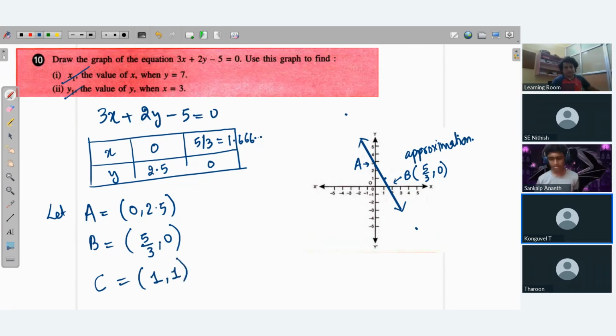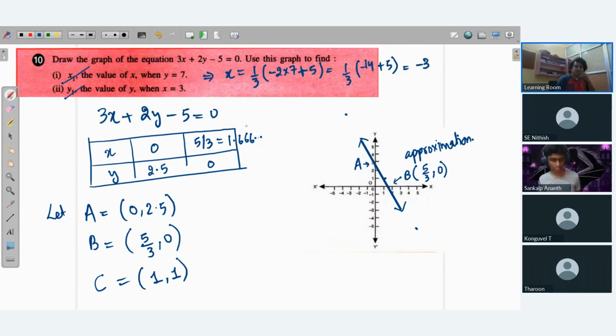So the answer for the first one is minus 3, sir. Yeah, so let's see. Now when y is equal to 7, the second one is minus 2, sir. It's minus 3. Let's see. 1 by 3 minus 14 plus 5, that is minus 3.